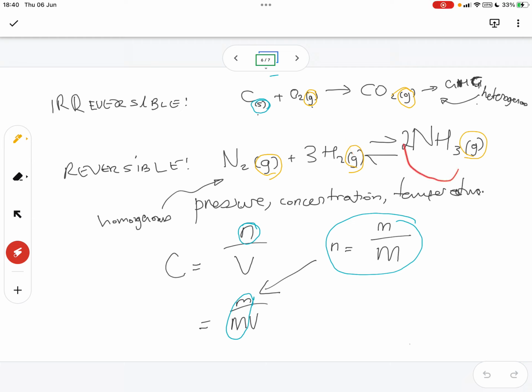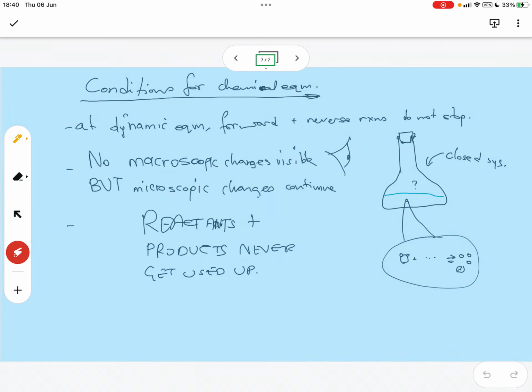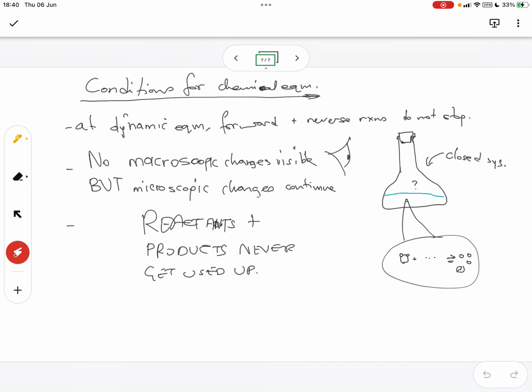So that means, in other words, when this equation has reached equilibrium, for every nitrogen molecule, 3 hydrogen molecules make 2 of that NH3 gas, that reaction as well as the NH3 gas becoming its original reactants, nitrogen and hydrogen gas. That reaction going forward and that reaction going backward do not stop at chemical equilibrium.